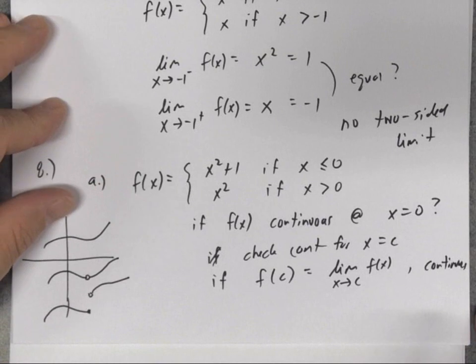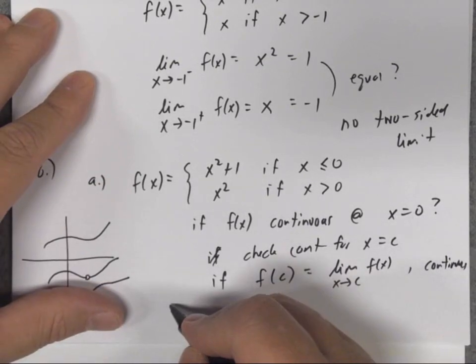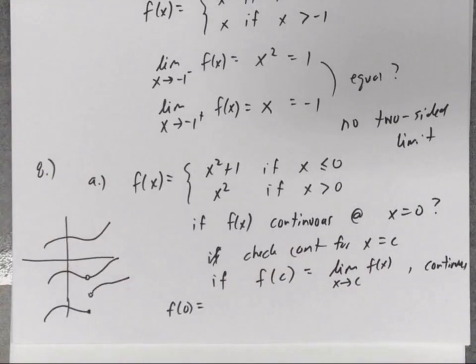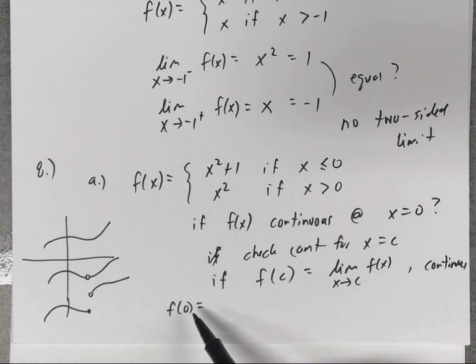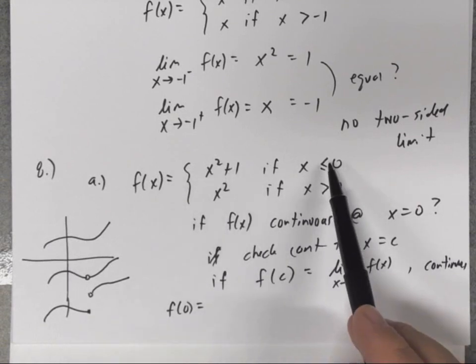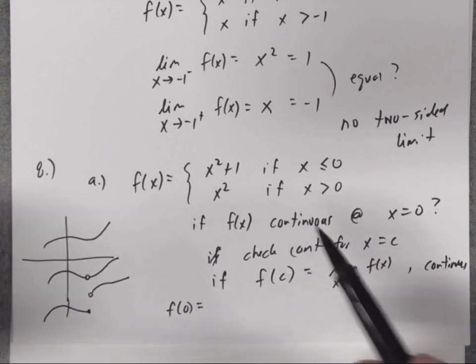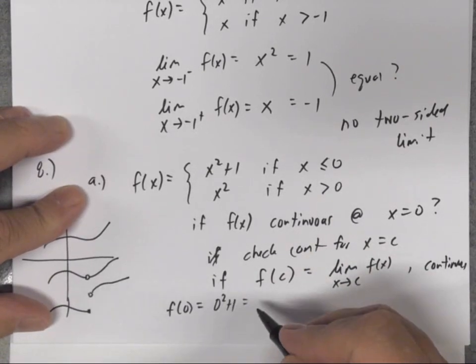So in our case, we're only checking when x is equal to 0. So let's first say, what is f of 0? You just take your function, plug in the number for x, and determine what the function is. Well, I've got a piecewise function, so when x is 0, the first one's for less than or equal to 0, so it looks like it's the first one. So it's 0 squared plus 1.